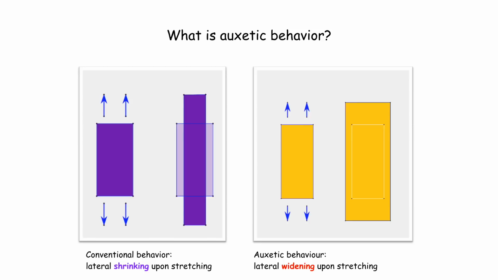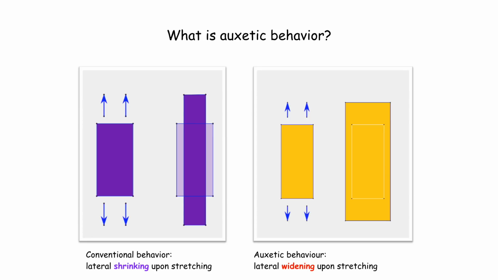So this is leading us to a notion which became very important in modern materials science, the notion of auxetic behavior. And this diagram will communicate in the most direct terms what this behavior means. So on the left, if we have a conventional material with some elasticity, and I invite you to imagine a bar of rubber.